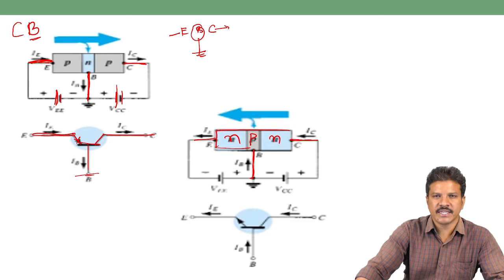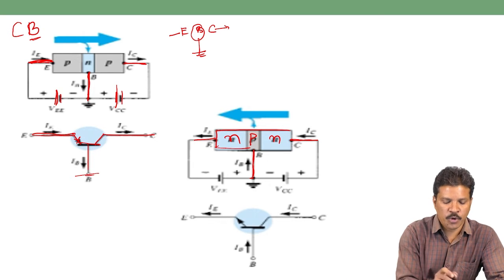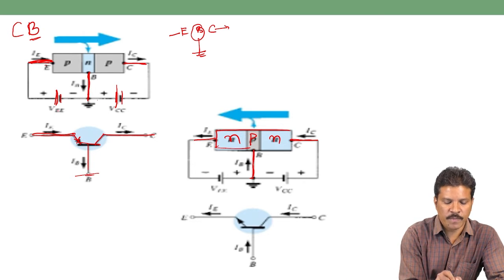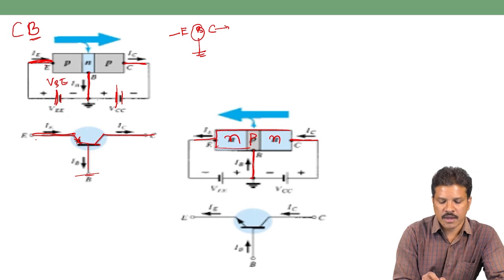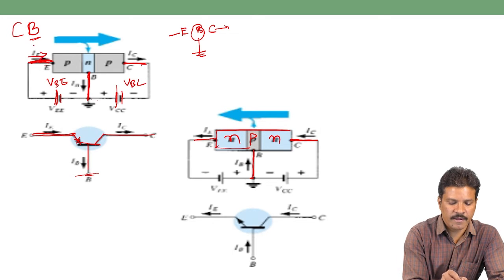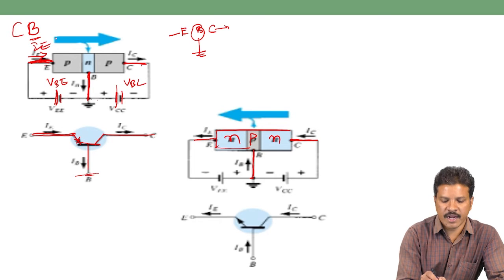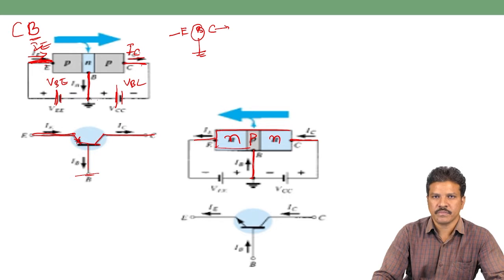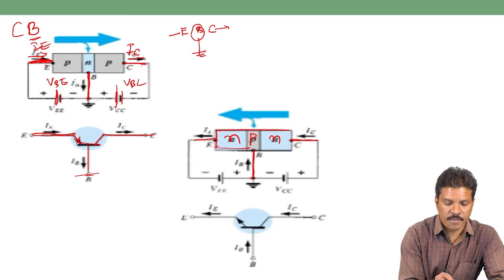The voltage measured between the input terminal and ground is called VBE, base to emitter voltage, and the voltage measured between the collector and base terminal is called VBC. The current measured in the emitter terminal is called IE, the current in the collector terminal is called IC, and the current in the base terminal is called IB.